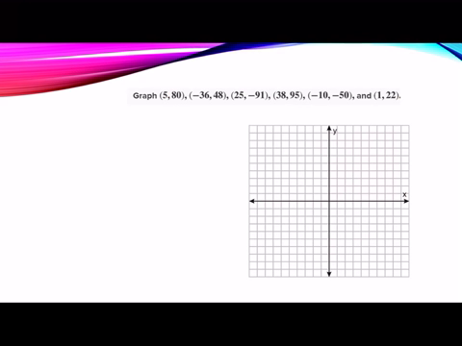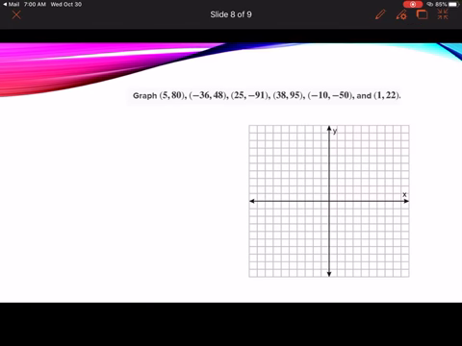So now we're going to graph this. It wants us to create a scale. So we need to look at my highest x value and my lowest x value. So we have to be able to pull out my lowest x value, which is, if I look, 5, -36, 25, 38. So it looks like it's -36. See that right there?